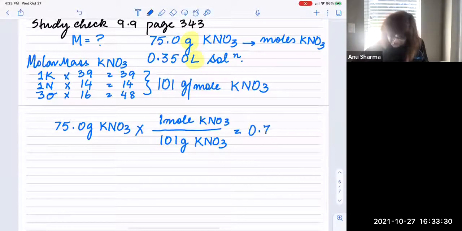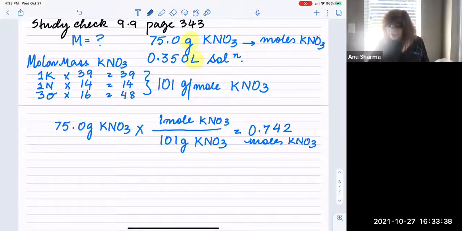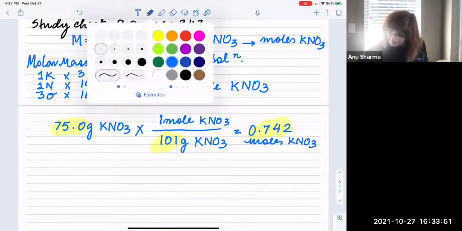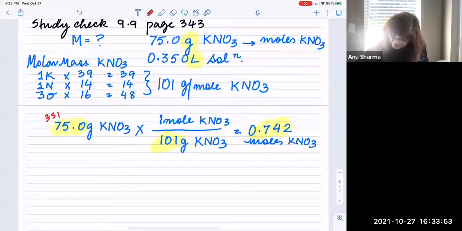This is 0.742 moles of KNO3. Why did I use 0.742? Because we have 3 significant figures, so we need to put 3 significant figures. The answer should also be in 3 significant figures.